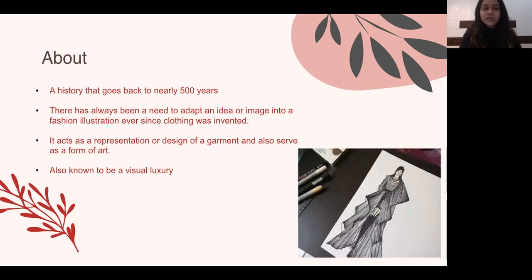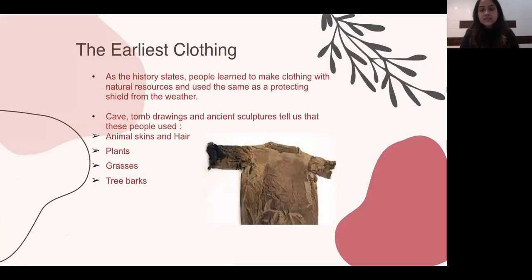So an illustration is a piece of paper which actually speaks the mind of a designer, what is there in the designer's head. It is also known to be a visual luxury, because visually when you see an illustration, the complete idea of how a garment is going to be is made.